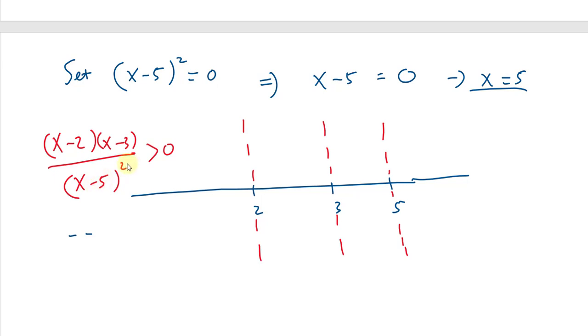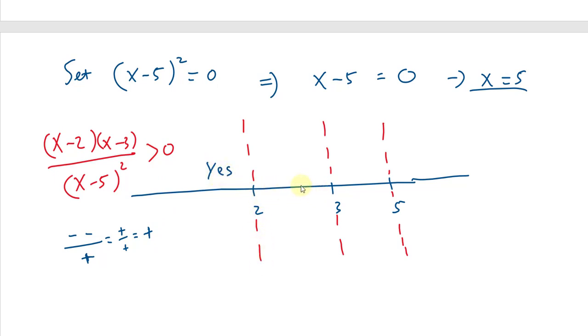A minus squared gives me the plus. Okay? So minus times minus becomes plus. Plus divided by plus, at the end you get a plus. A plus is something bigger than 0, so the answer is yes.